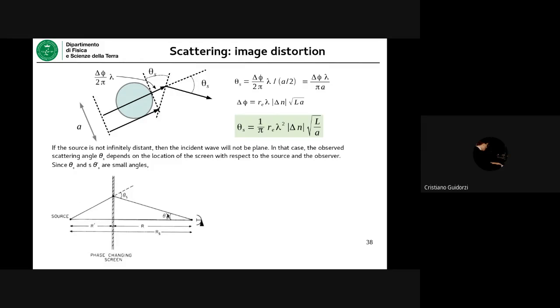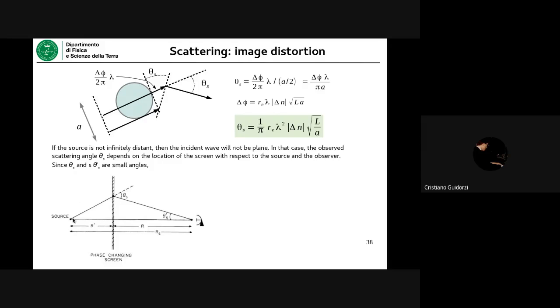So how can you calculate theta s prime? Well, just use the sines law. From basic geometry, apply the sines law with this couple of angles, which tells us that the ratio between the sine of this angle and the opposite side equals the ratio between the sine of this angle over this side.